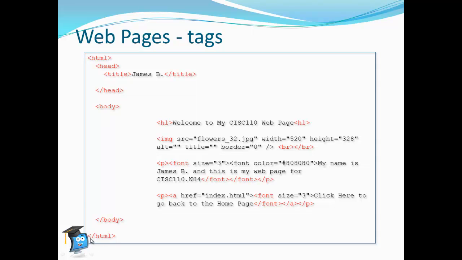And then at the very bottom you'll notice we have a /HTML. So often when you see a tag, you'll see a beginning tag, and then somewhere you're going to be looking for an ending tag. Up above, again, we have this tag called head, and you'll find its ending tag with a /head. Title is another example where we start off with title and then our ending tag is /title.